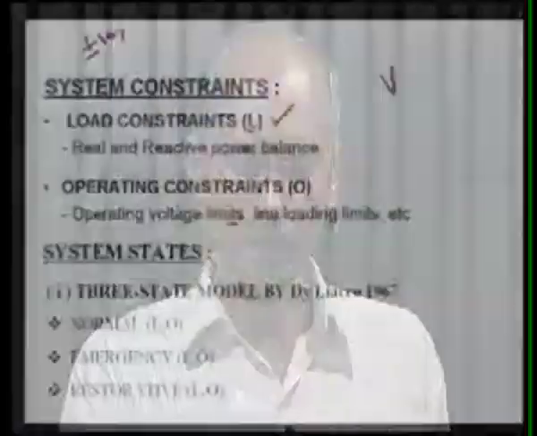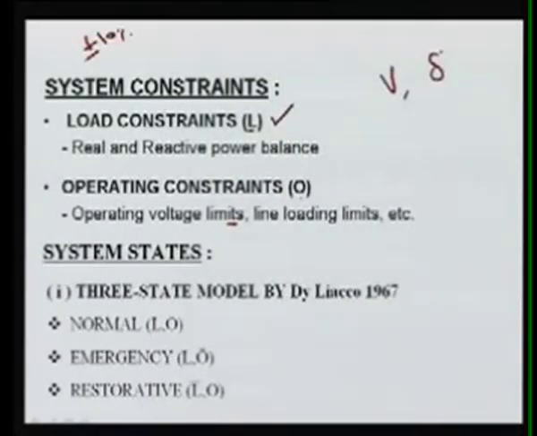Actually, there's another thing we go for, this security. Power system security is defined in terms of the system states. At the same time we can say the power system states; both are totally different. Power system states are nothing but your voltage and your angle at each and every bus. Why is it called power system states?